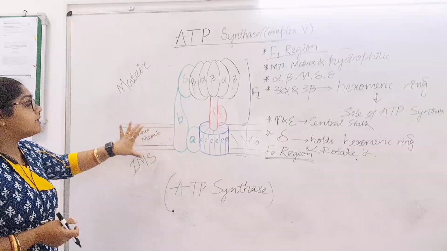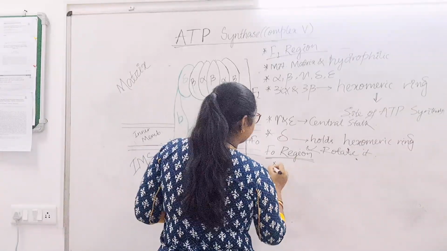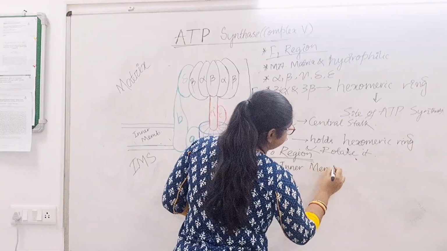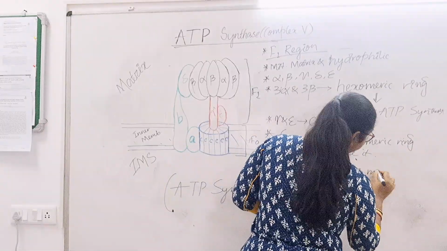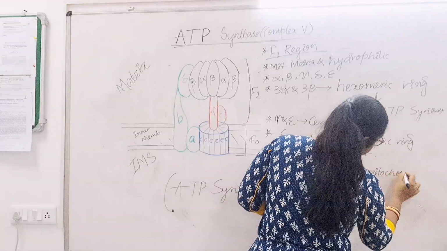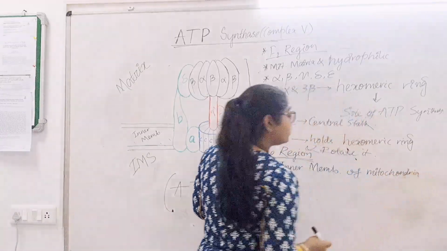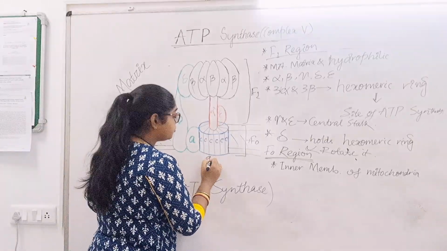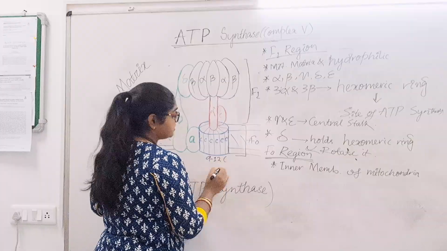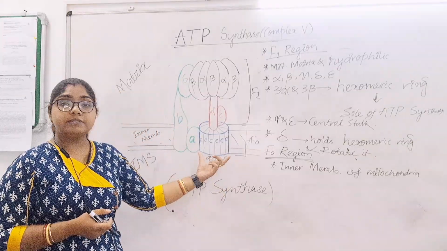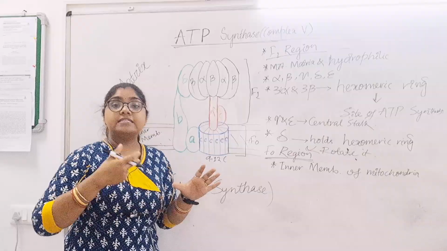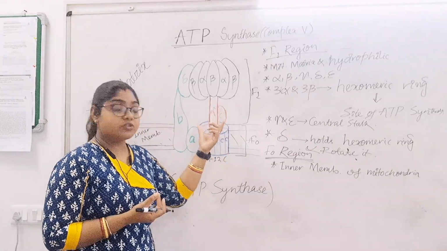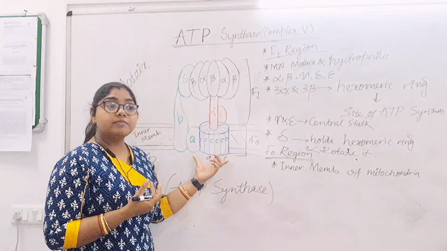The F0 part lies across the inner membrane of mitochondria, and it contains 9 to 12 C subunits arranged in a ring structure, connected to the gamma epsilon stalk.